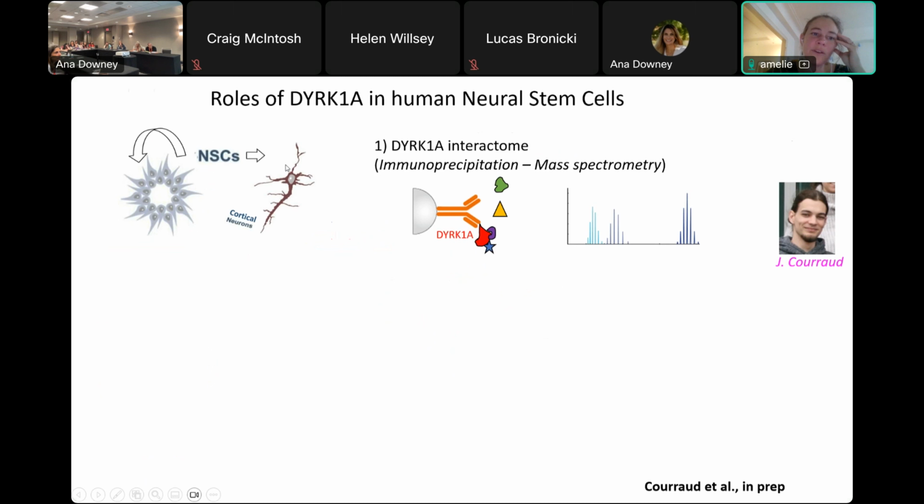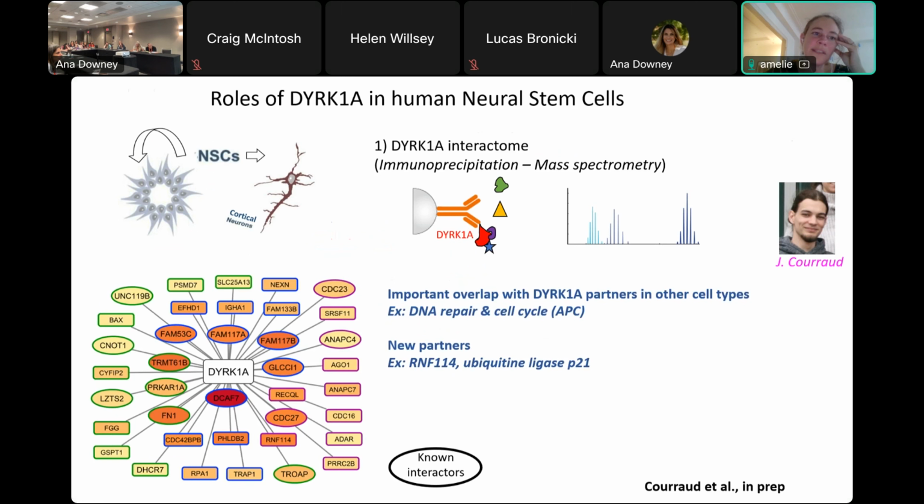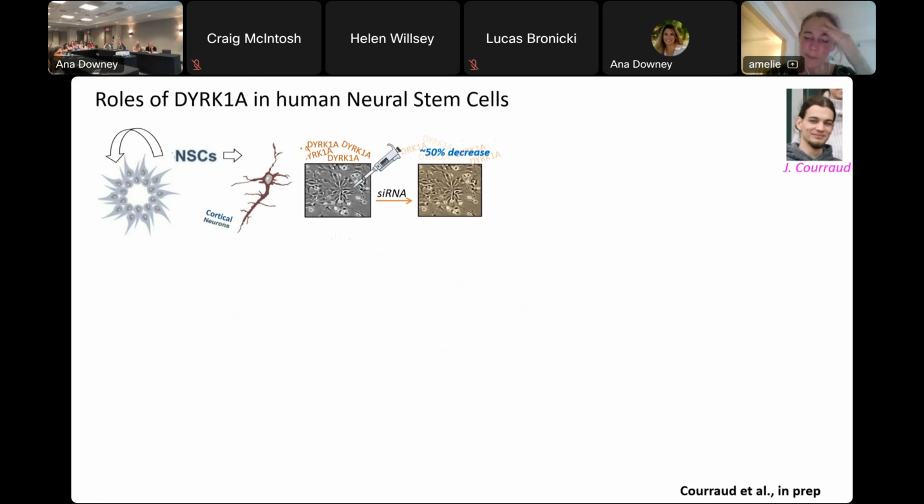We characterized in these cells the interactome of DYRK1A, and we found different interactors, and a lot of these interactors are involved in regulation of the cell cycle, which is what we could expect for DYRK1A. We also identified some novel interactors that we are trying to characterize now. We also did the first inactivation of DYRK1A.